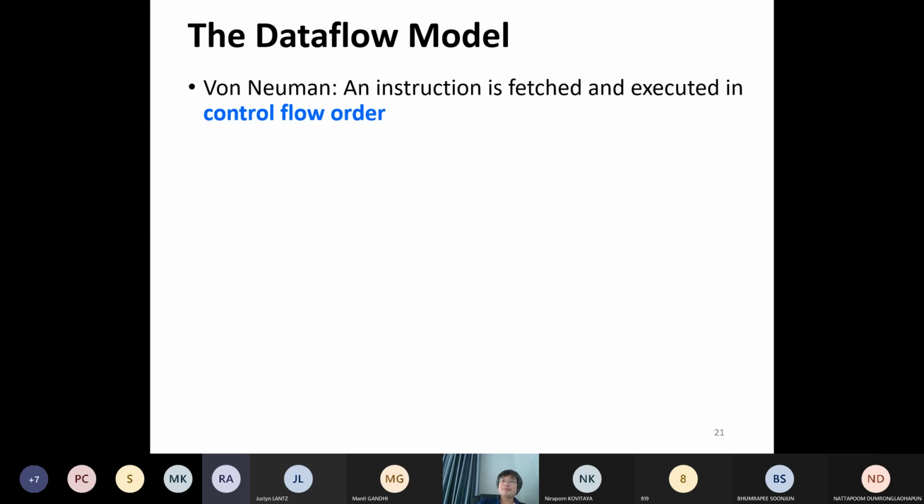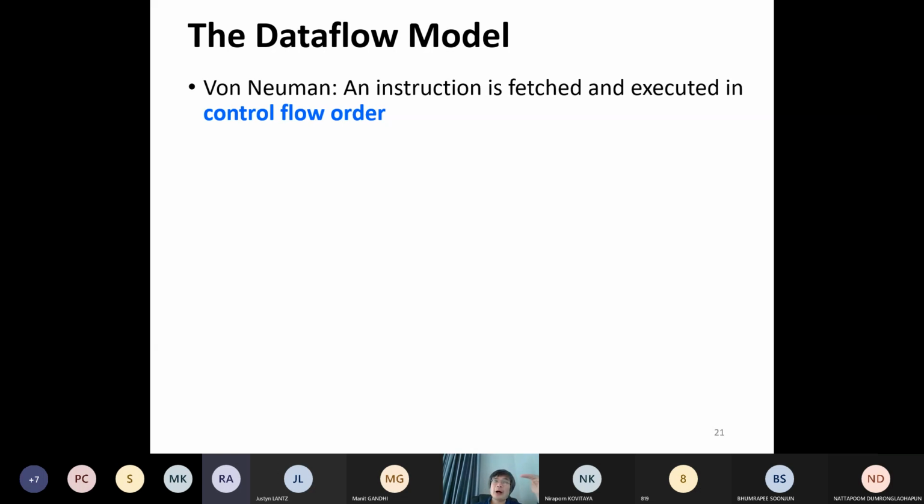Von Neumann model means that I will execute the instructions in what we call control flow order. First line, second line, third line, if else, jump to the else, continue on. 10th line, 11th line, 12th line.